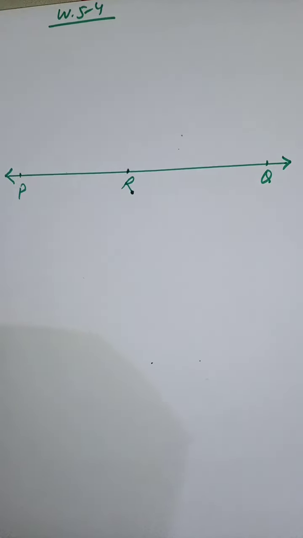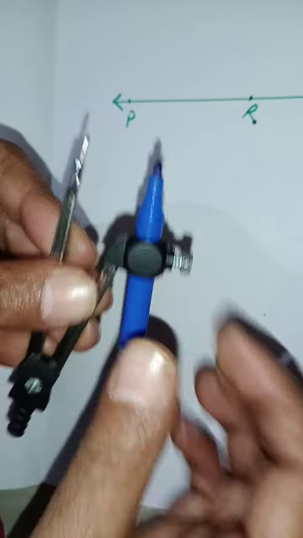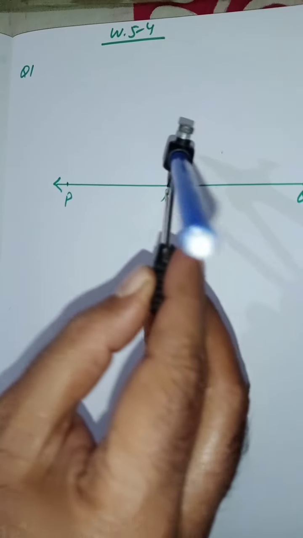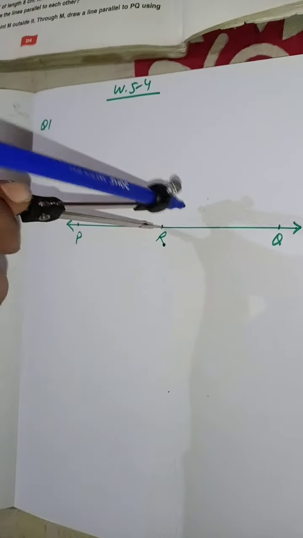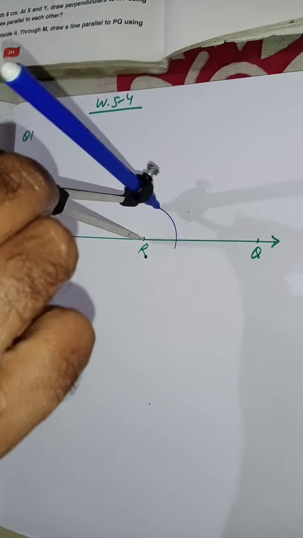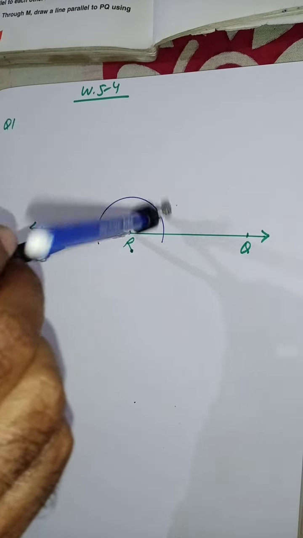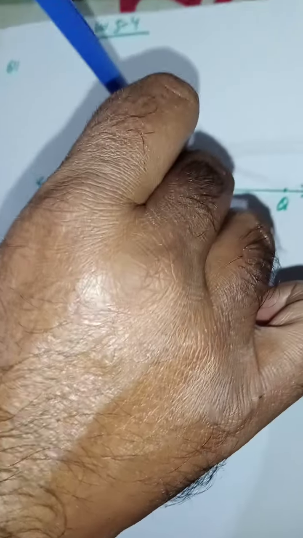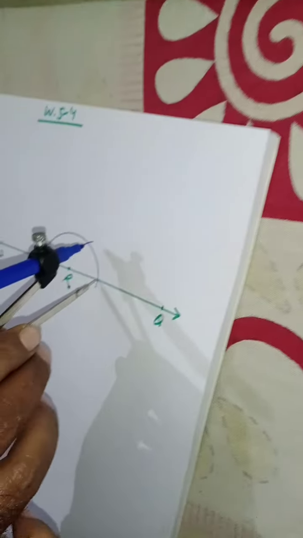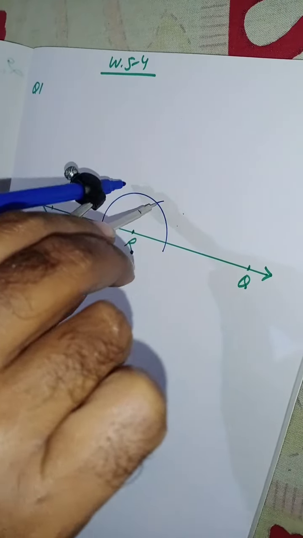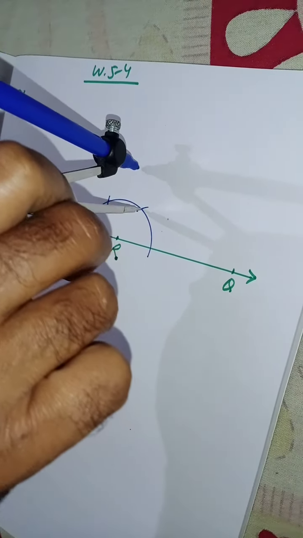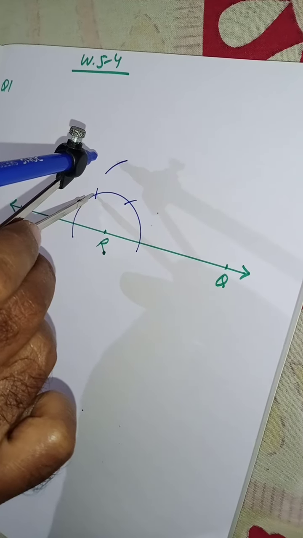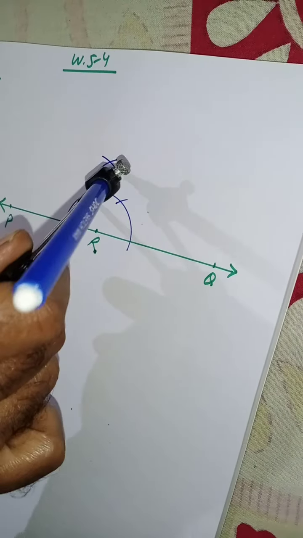Now at R we will draw an angle of 90 degree which will be the perpendicular. So open the compass, put the needle here and draw an arc like this. Okay. Now from here first arc of 60 degree, then this is a 120 degree, one from here and second from here.